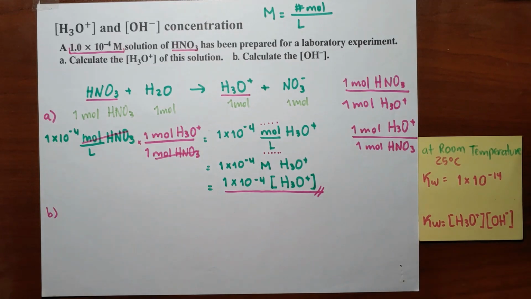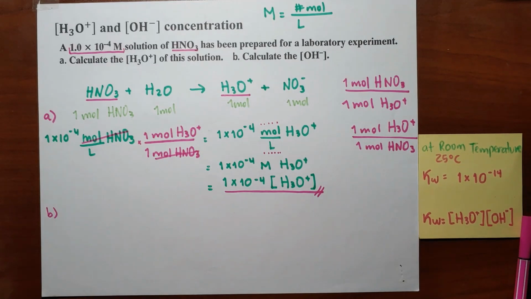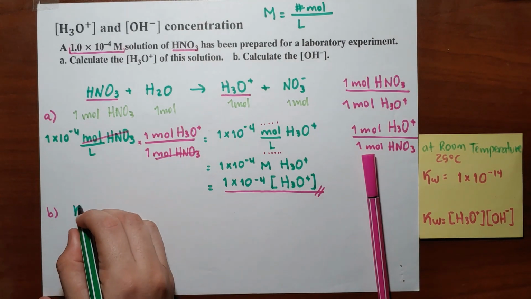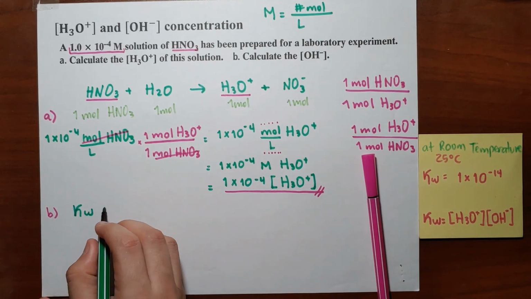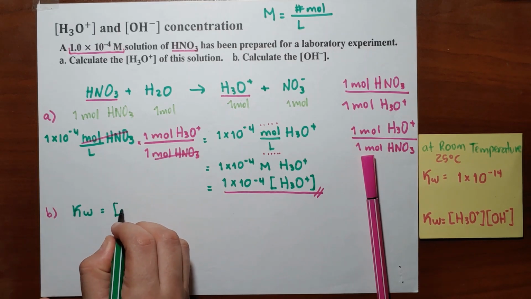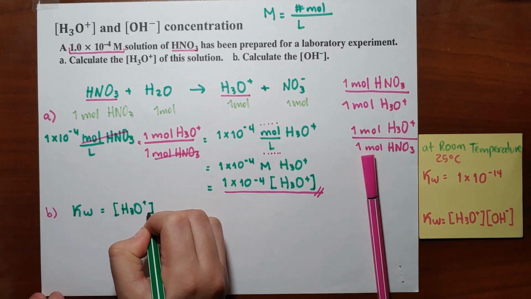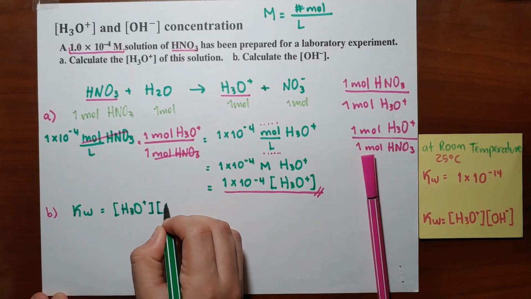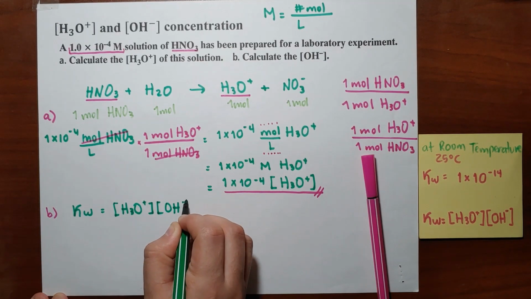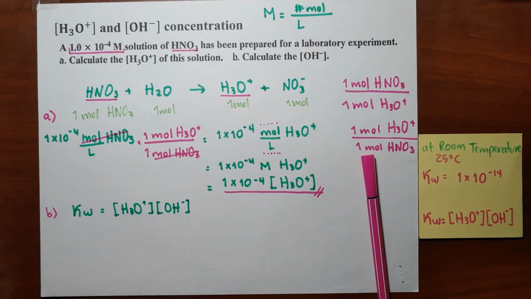So you say, ionization constant of water equals hydronium ion concentration multiplied times hydroxide ion concentration. Now, we need to isolate for the one that we're missing.